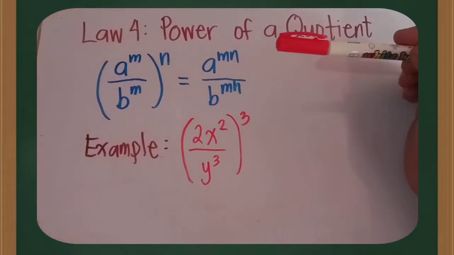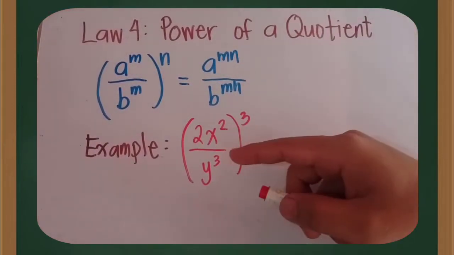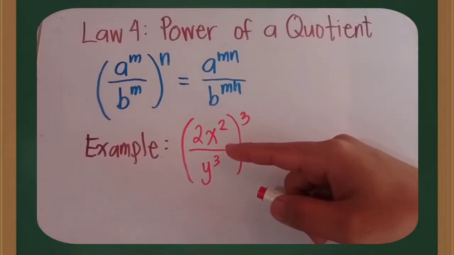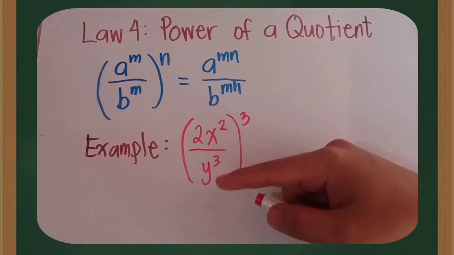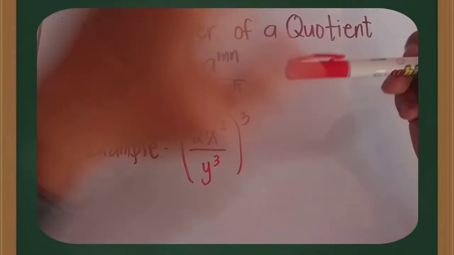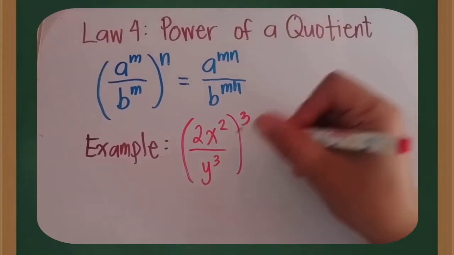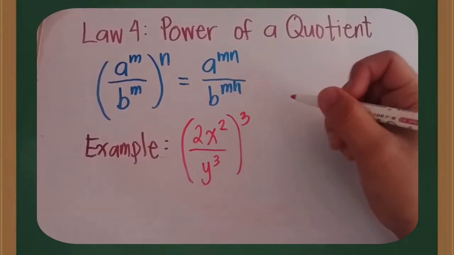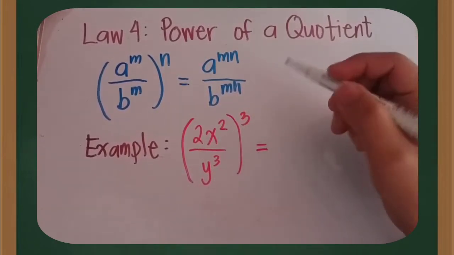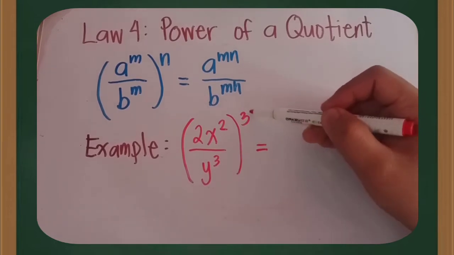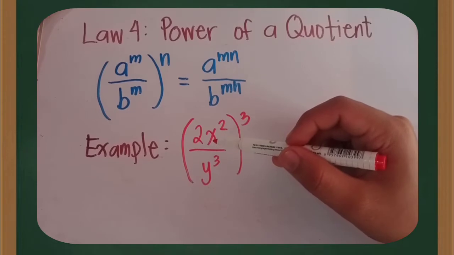Okay? So let's have an example. We have here (2x^2 / y^3) raised to the power of 3. Okay? So atong buhaton, ang exponent nga naa sa gawas, atong i-multiply sa kada exponent nga nasa sulod.